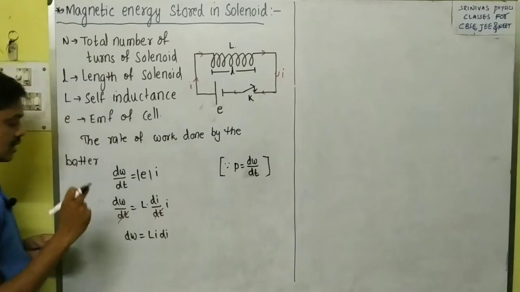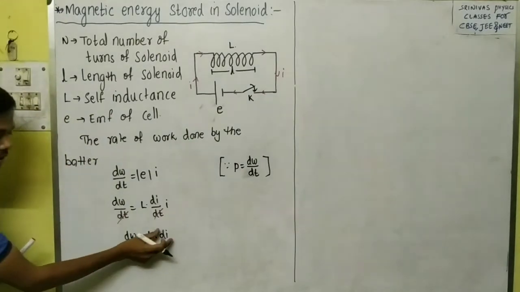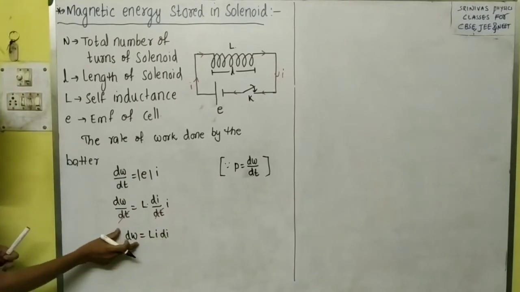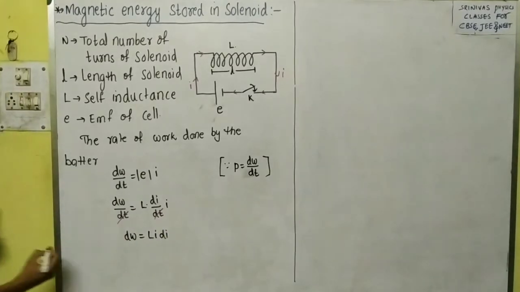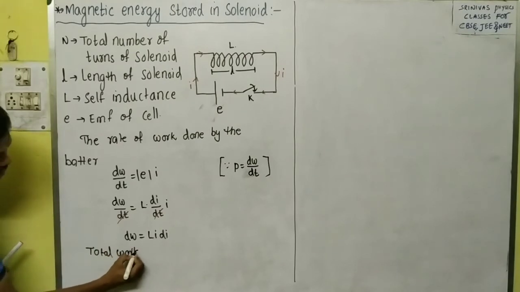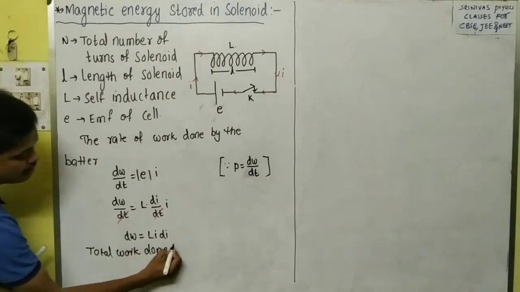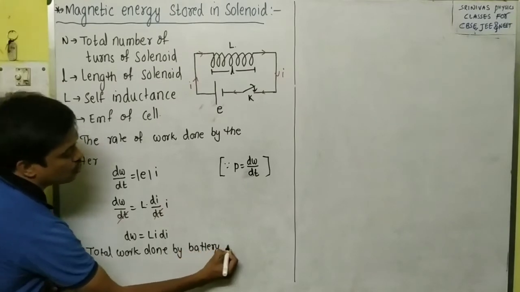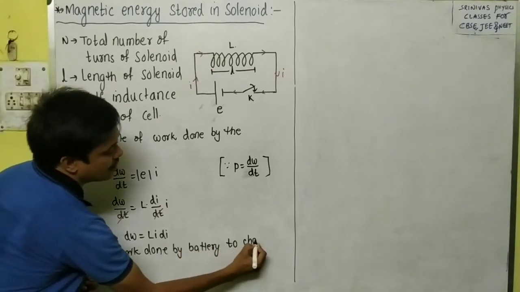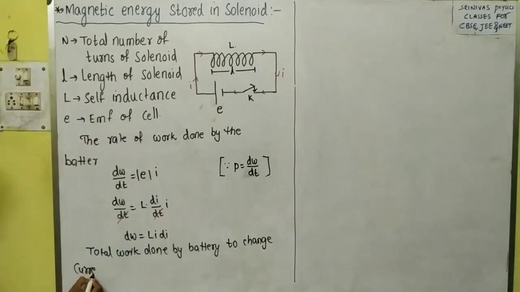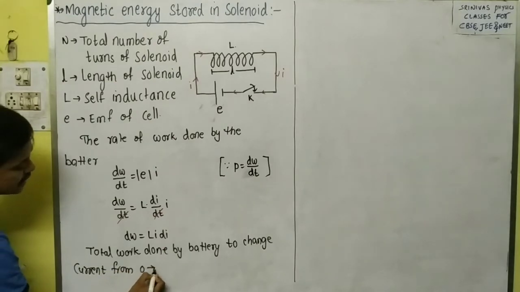Then to change the current by dI, this much work is done, and I want the total work done by the battery to change the current from 0 to I, right?